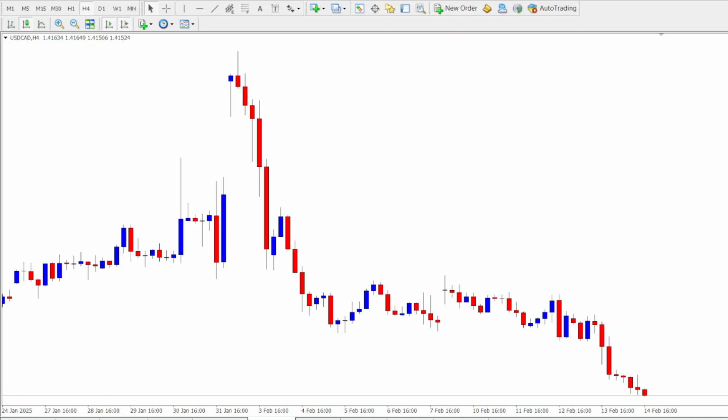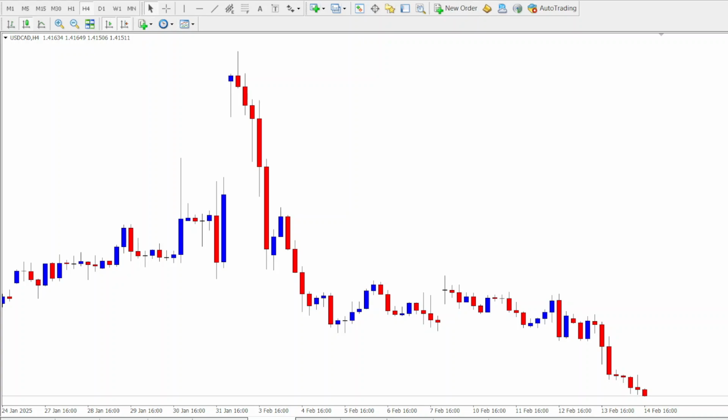Now, breakouts can lead to some of the biggest moves in the market, but most traders get trapped in fakeouts, right? So if you've ever entered a breakout trade only to see price reverse against you, then you are not alone, okay?